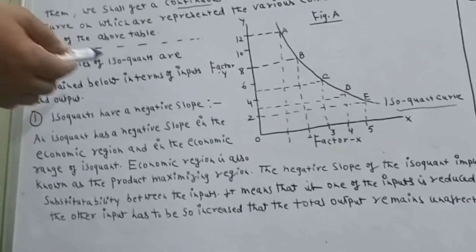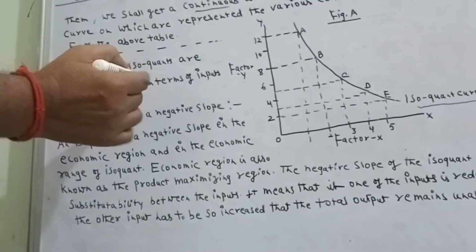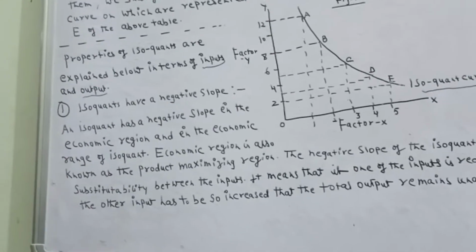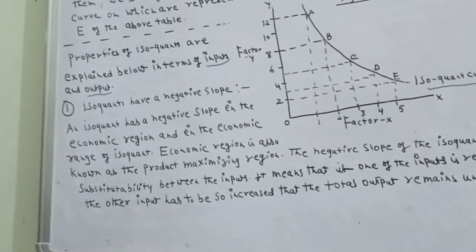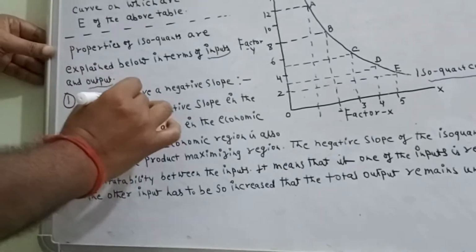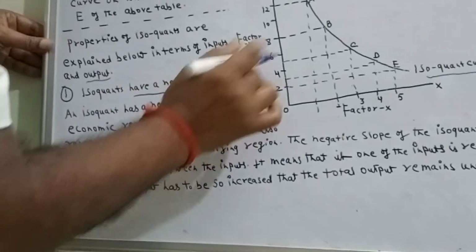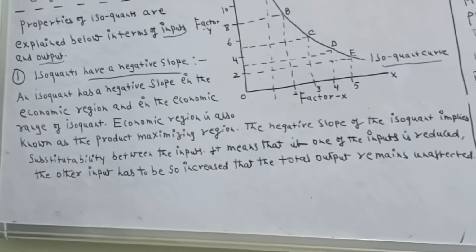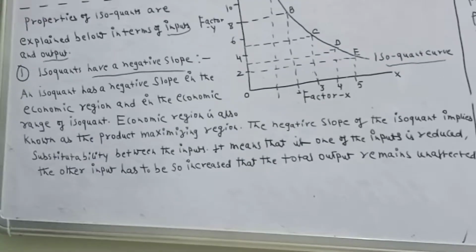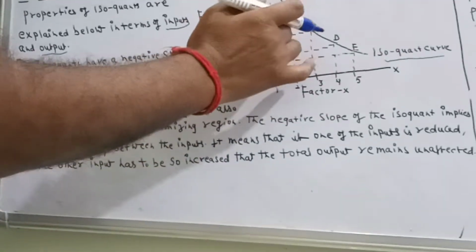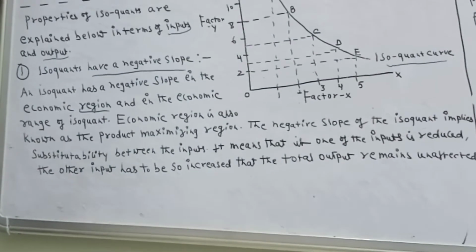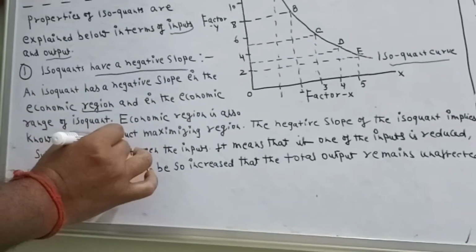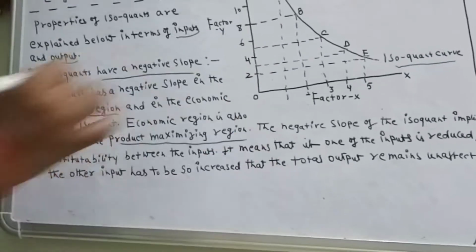Now the properties of isoquants are explained below in terms of input and output. The first property or characteristic of isoquants is that isoquants have a negative slope. This is the slope of the isoquant, negative slope. An isoquant has a negative slope in the economic region here. This is the economic region, and in the economic range of the isoquant, the economic region is also known as the product maximizing region.